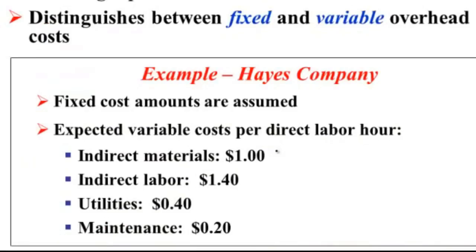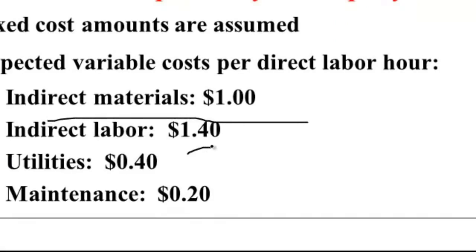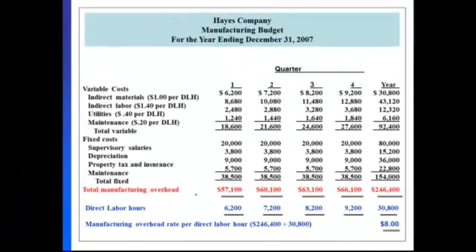The overhead budgets, now we have to deal with fixed and variable costs. The fixed costs are going to remain the same within a certain relevant range. We have to look at the variable costs per direct labor hour. And so we get those variable costs, and then we go back and say, okay, the direct labor hours are 6,200 in the first quarter.